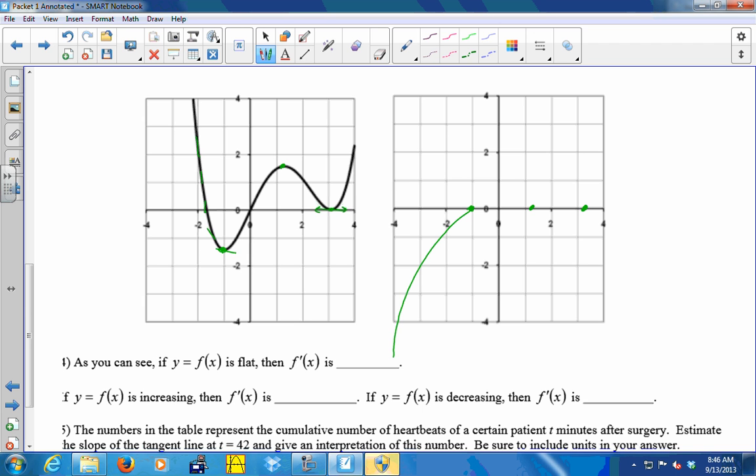And then once we hit that 0 value, what happens to my slopes? They're positive. They're getting steeper and steeper until right here, and then they start to head back towards 0. So that's 0, they get steeper, steeper, steeper, and then something happens here, and they get less steep, less steep, less steep, and head back towards 0.